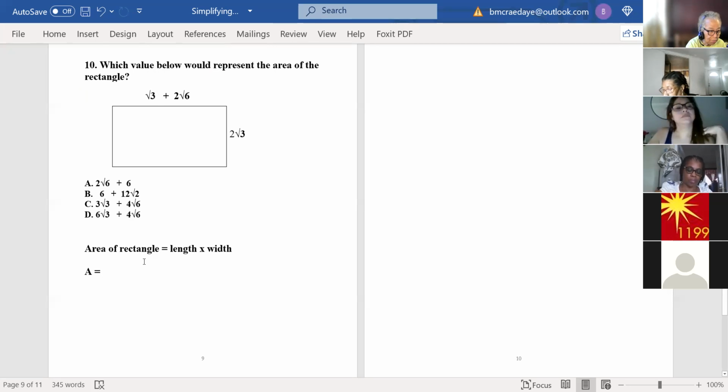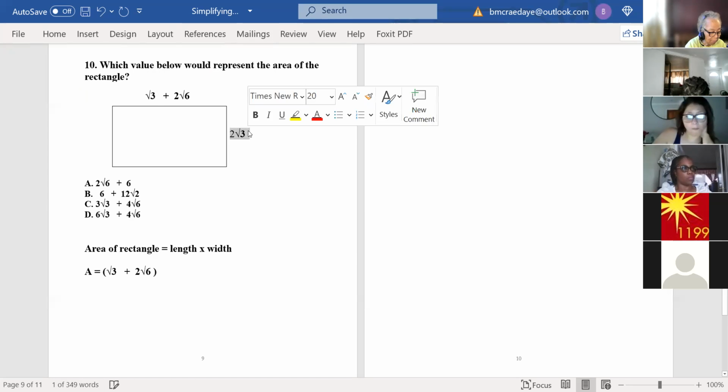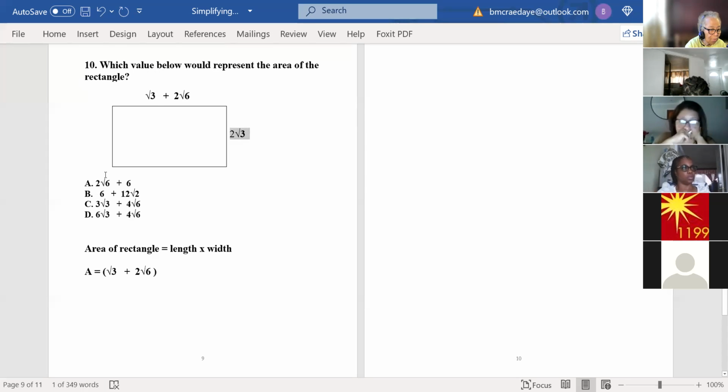We're going to have to put this in parentheses. Now that would be times the width. And the width is this number, right? So this would be parentheses and close parentheses. All right, so this is what we want to multiply.